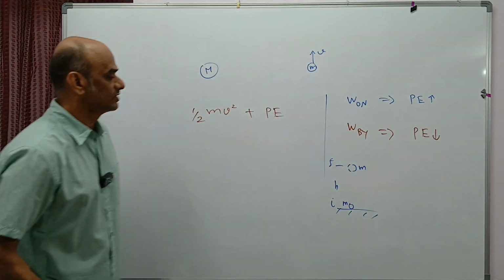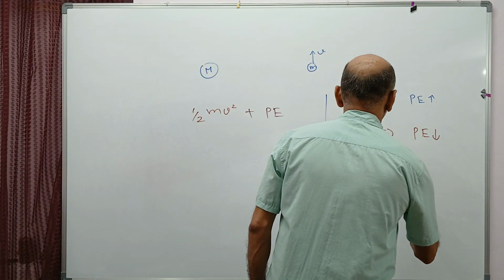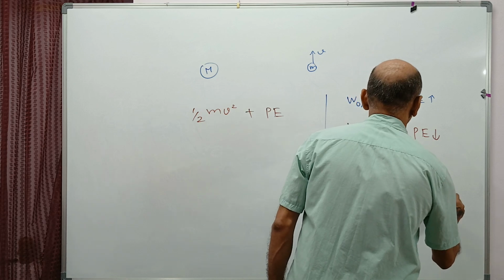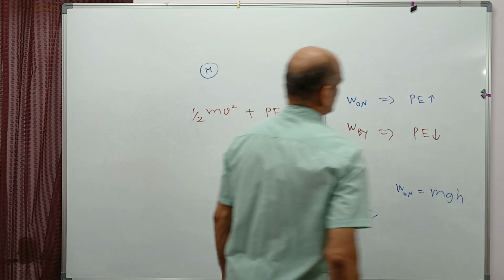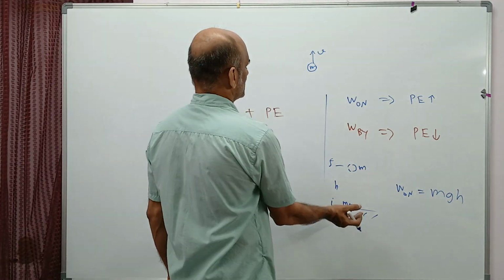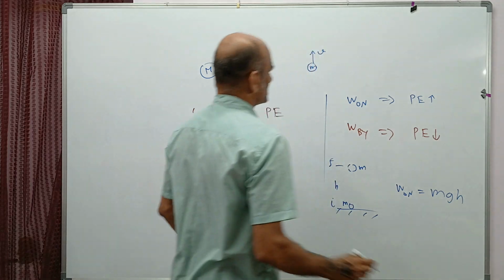So to do this, I have to do some work. I have to lift this mass and keep it at that height. So here work is done on the system, which is equal to force into distance. Force is weight, mg, which will pull it down. So to overcome that force and raise the height by h, this is the increase in the potential energy in this case.